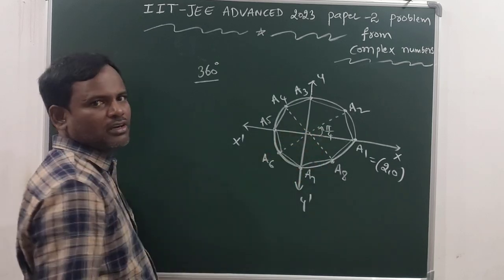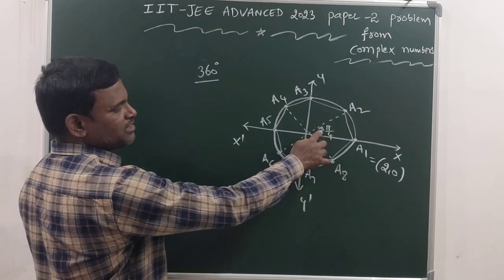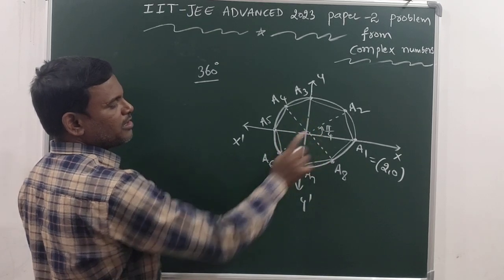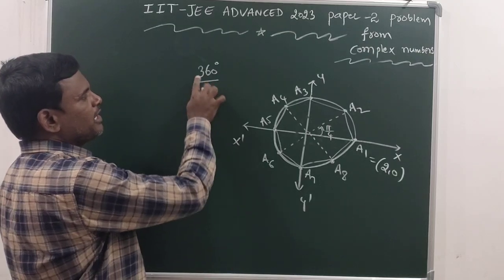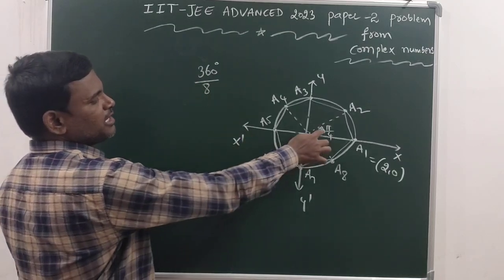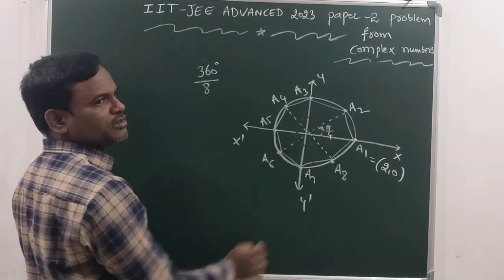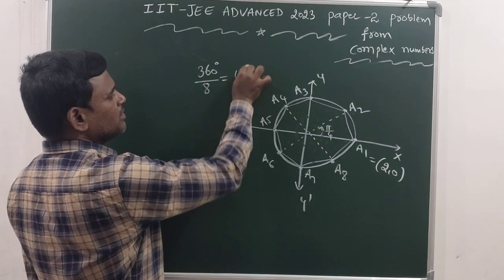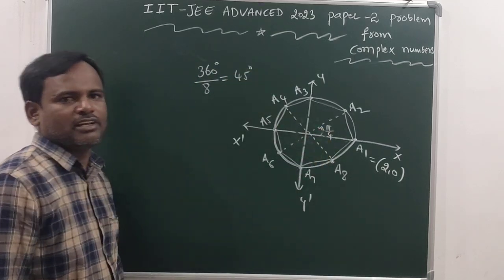All those angles are equal. This will also be 45, 45, 45. All will be equal. Divide 360 by 8 because here 8 triangles are formed, which is equal to 45 degrees. So this is a 45 degrees angle.